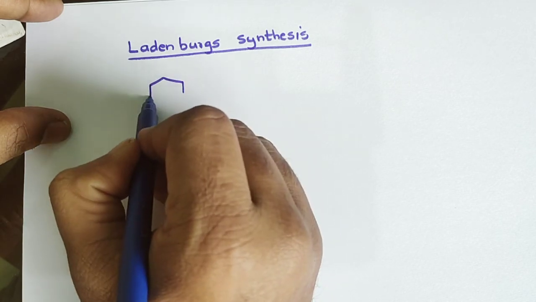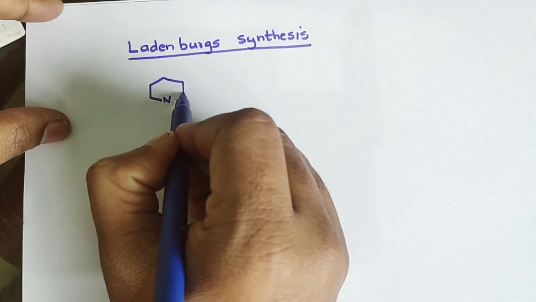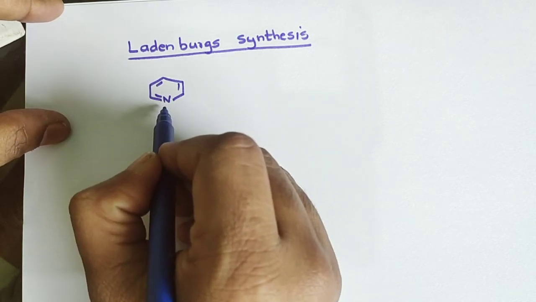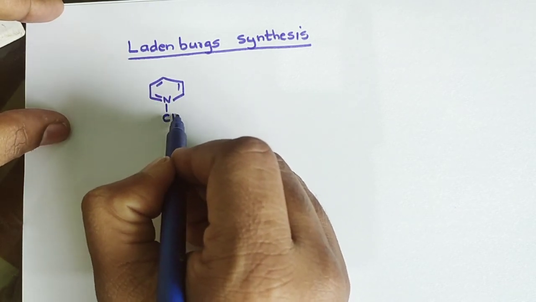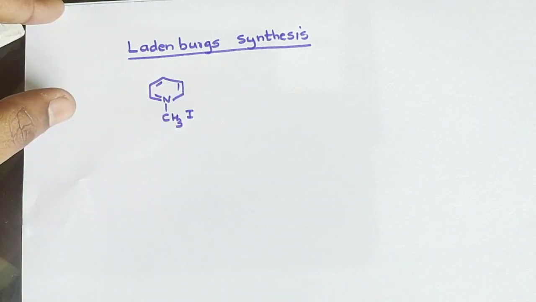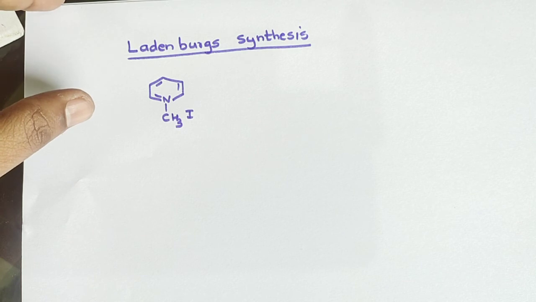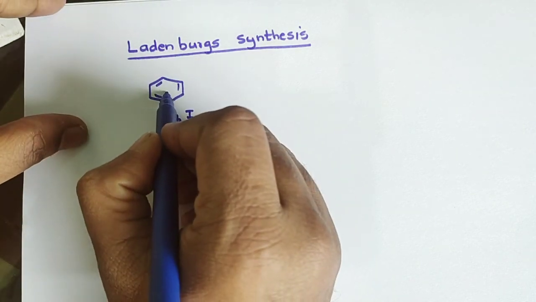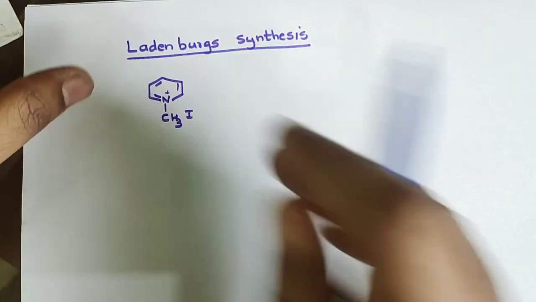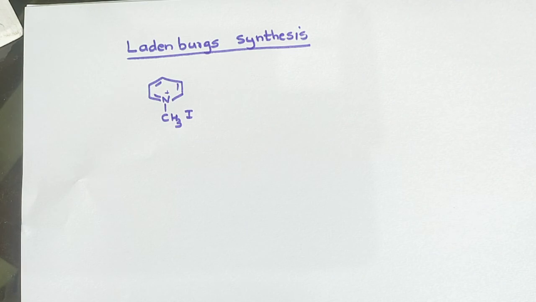In the Ladenburg synthesis, we start with this, N-methyl pyridinium iodide.